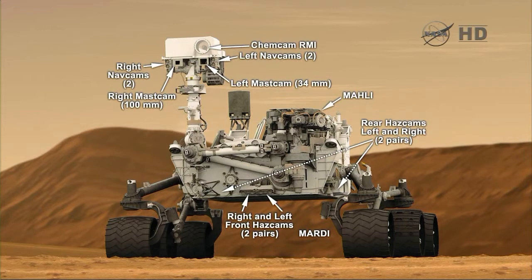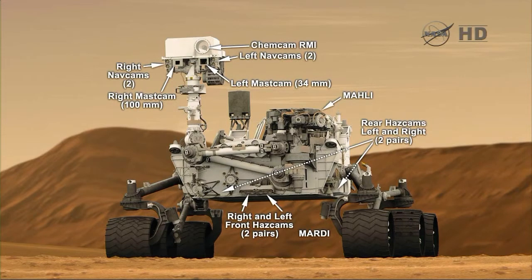And then the RMI is inside the ChemCam at the very top there. There is 1 camera on the turret, that's the MAHLI. That camera can get very, very close to the surface. It can resolve things when it's at its closest that are only a few tens of microns across.